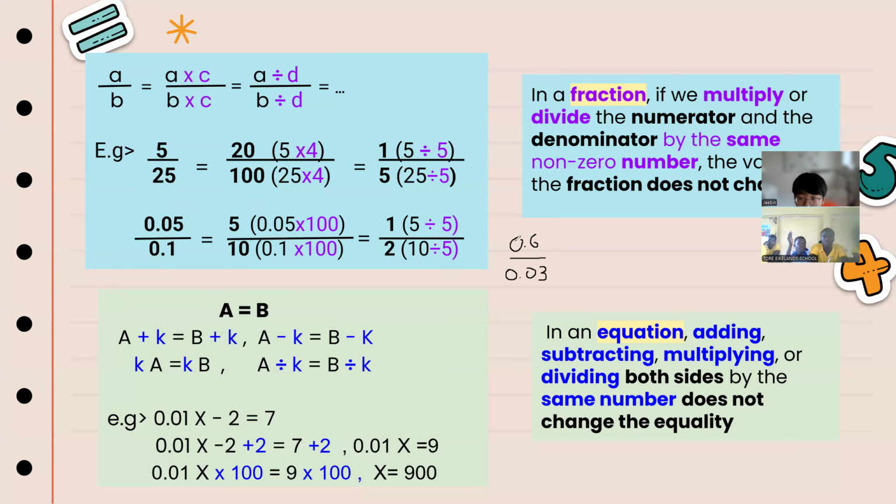So can you solve this question here? Write down and solve for 0.6 over 0.03. What would you do here?